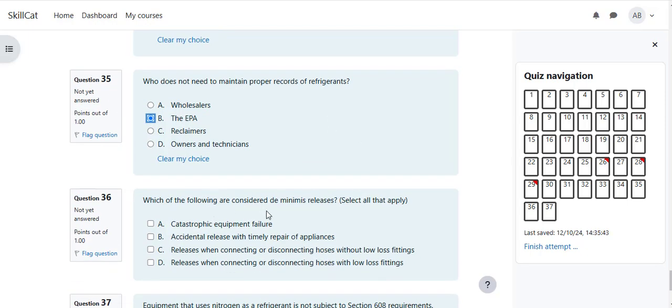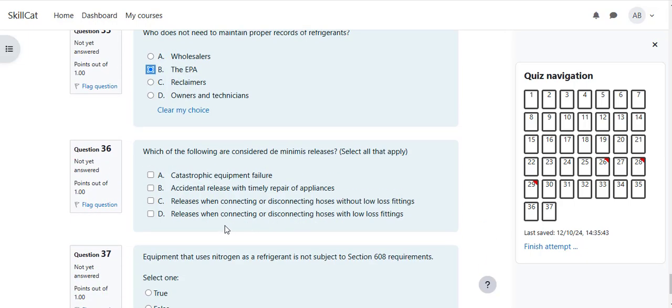Which of the following are considered de minimis release? Select all that apply. Catastrophic equipment failure, accidental release with timely repair of appliances. Release when connecting or disconnecting hoses with loose fittings, yeah, this one.